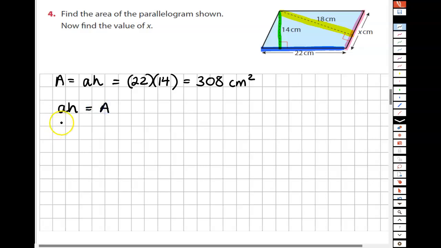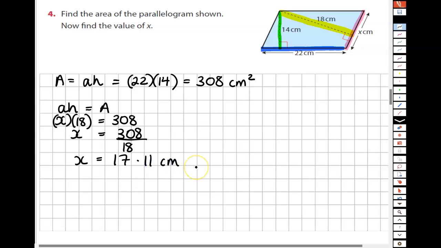And this time I'm using my base of x, my perpendicular height of 18, and that is equal to an area of 308. Now remember, the area is the exact same for both of these. It's just a different way of calculating it. So next thing then, x is equal to 308 divided by that 18, because it was multiplied up here. So that means x is equal to 17.11 centimeters.